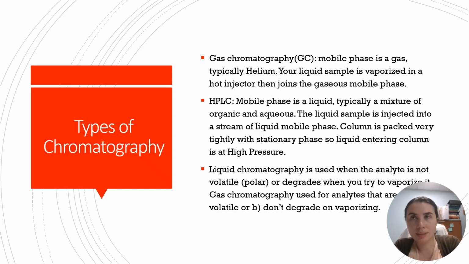Liquid chromatography: mobile phase is a liquid, typically a mixture of organic and aqueous solvents. Your liquid sample is injected into a stream of liquid mobile phase. Your column will be packed very tightly with stationary phase, so as the liquid enters the column, it will generate high pressure, which is why you see HPLC, high pressure liquid chromatography, or high performance liquid chromatography.